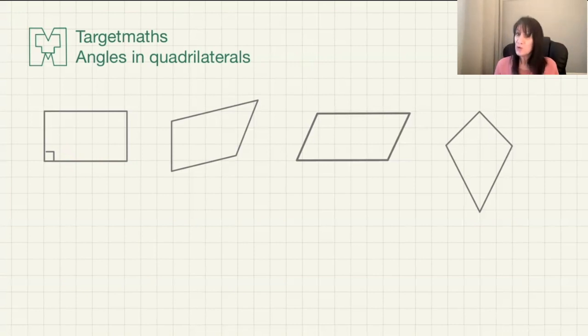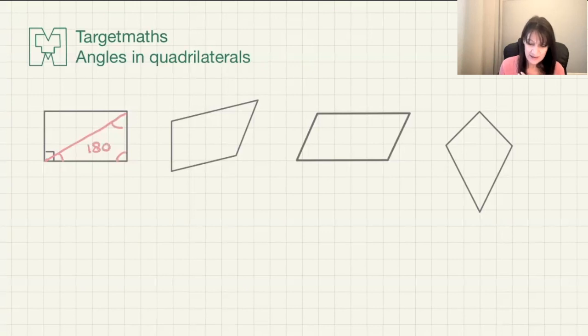Now, you can also do a bit of a proof. If you were asked to prove it, you would split your rectangle into two triangles. You're going to prove it by using a completely different shape. I know that this triangle has three angles that add up to 180.